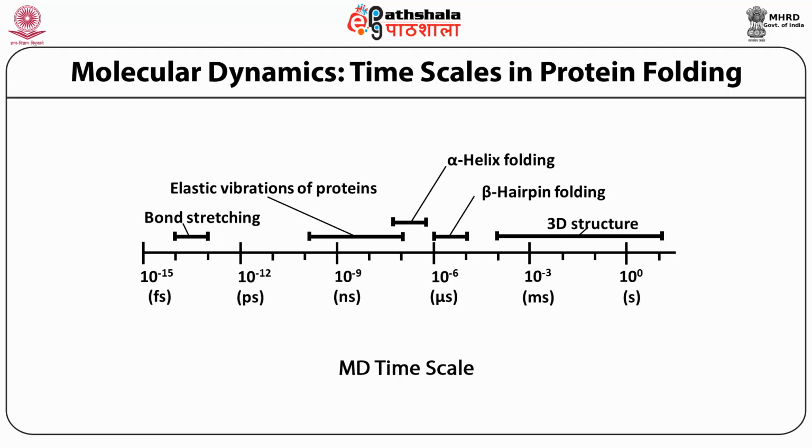The various possible events that occur during this process are bond stretching, elastic vibrations of proteins, the alpha helix folding, beta hairpin folding, and finally the folding of the elements of the secondary structure to form a well folded three-dimensional structure.